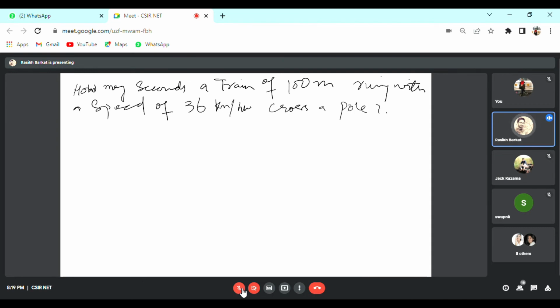Batao, in how many seconds it will cross a pole? In how many seconds? बता जल्दी.